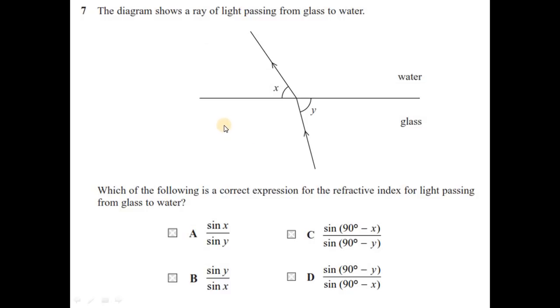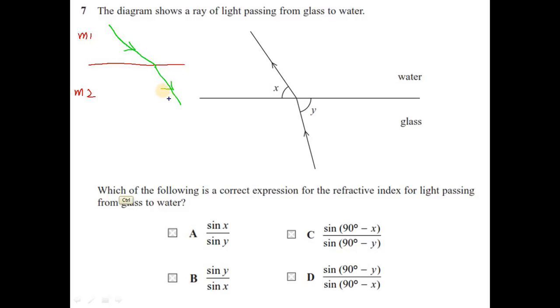Question number 7. The diagram shows a ray of light passing from glass to water. Which of the following is the correct expression for the refractive index for the light passing from glass to water? The idea is, if we have a medium 1, I'm calling it M1 and M2, and light is entering from medium 1 into medium 2, and we have a refraction.